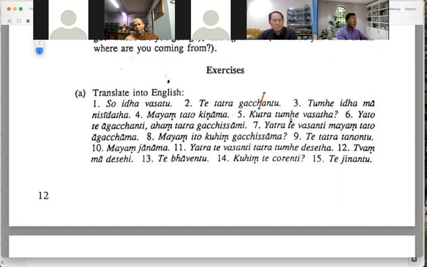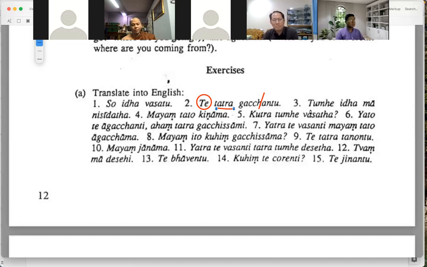So they may go, may they go, or let them go. Here the subject is "they," and the meaning of ida is "there." So they may go there, or may they go there, or let them go there.